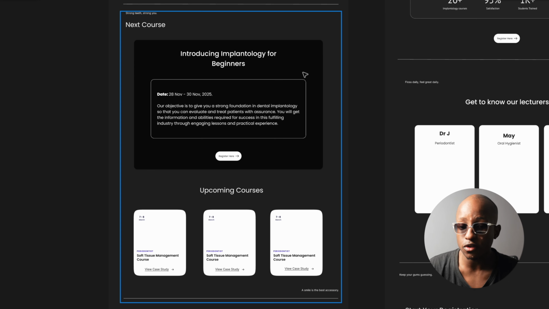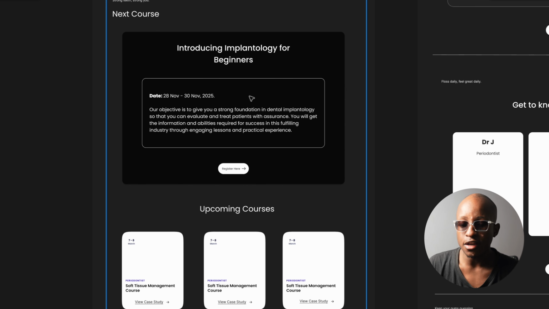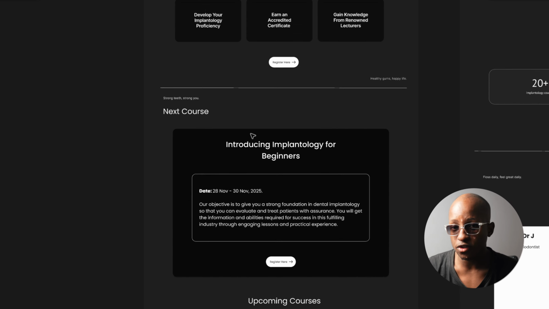That's why we've got so many trust indicators specifically for the next courses, to show clients or people that want to enroll into this platform that we're hosting events, which is also important because that also builds trust.